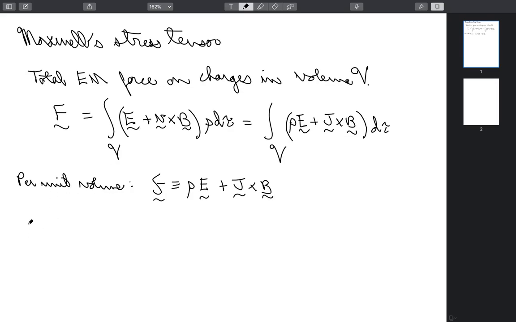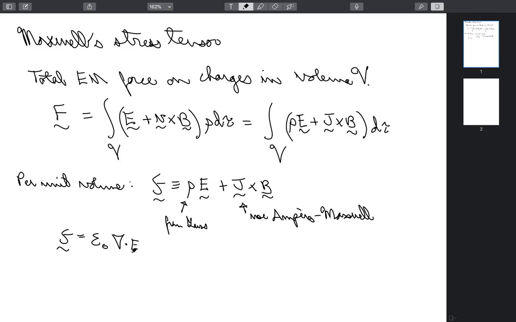Now what we're going to do is substitute for J using Ampere-Maxwell. So what that tells us is that f is going to be epsilon 0, and I'm going to substitute also for rho from Gauss. So from Gauss, rho is just divergence of E times epsilon 0.